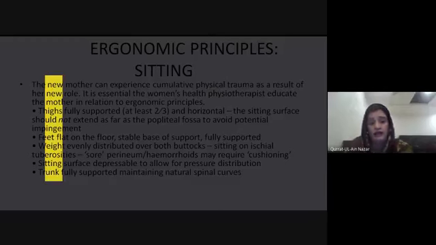And if she has any perineum or hemorrhoid issue, she must use a cushion. She should sit on a surface that is depressible to allow for pressure distribution. If the surface is not depressible, then she must avoid sitting on a hard surface.